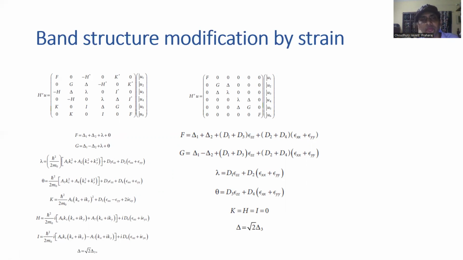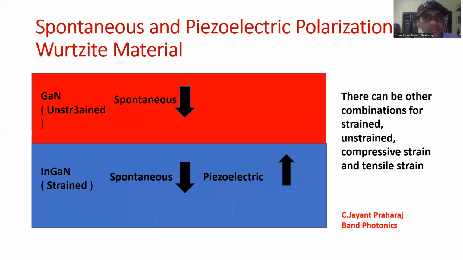So these kinds of matrices need to be solved in the presence of strain in order to determine, for example, the effective masses that we see. So for example, the effective masses are modified by strain because the band structure is modified by strain, and that affects device parameters and solar cell optimization.